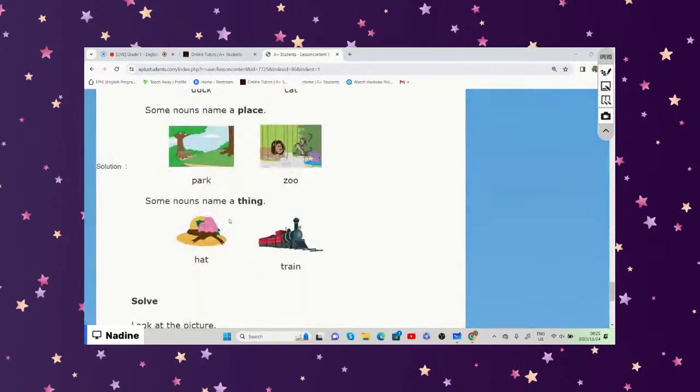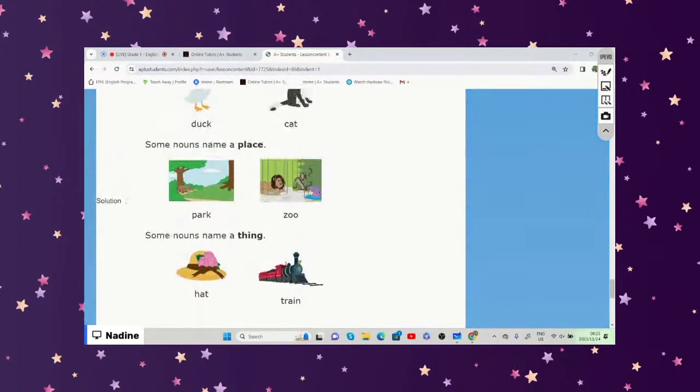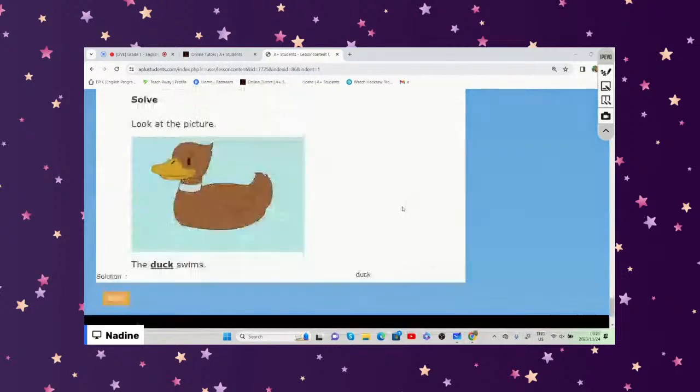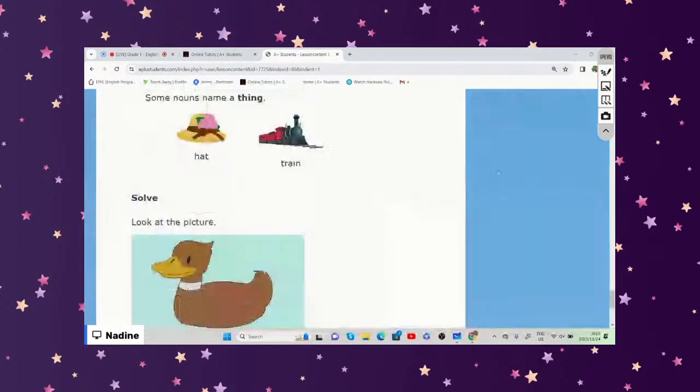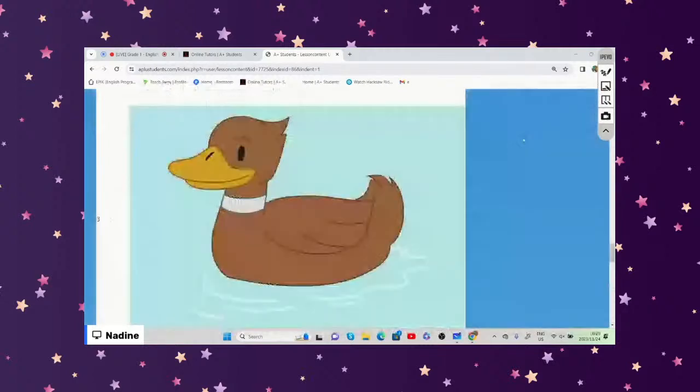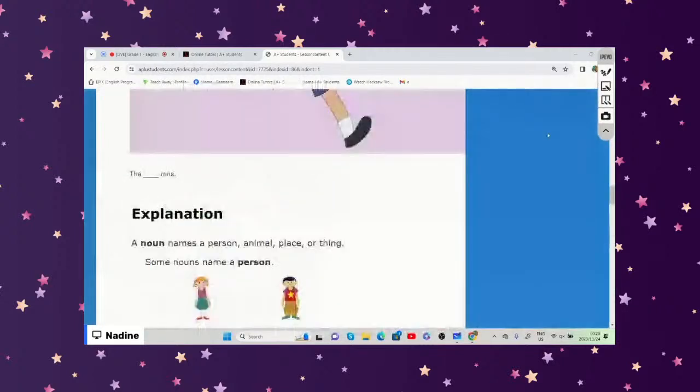And there we have a duck, yes. So now can we go to our test?